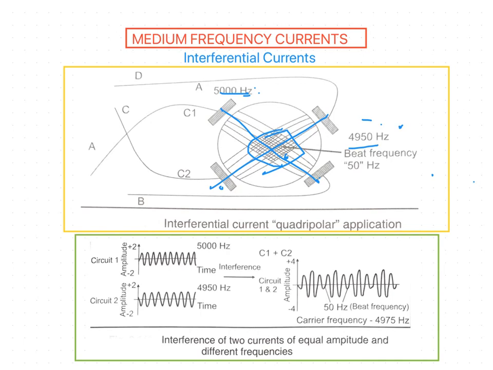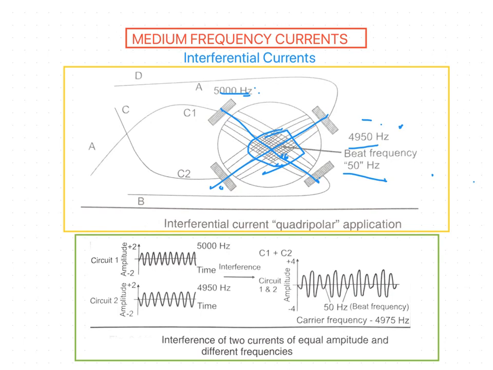So the stimulation waveform will have a modulation frequency of 50 hertz. The resulting current, which is amplitude and frequency modulated, would oscillate at a carrier frequency of 4975 hertz with burst beats.